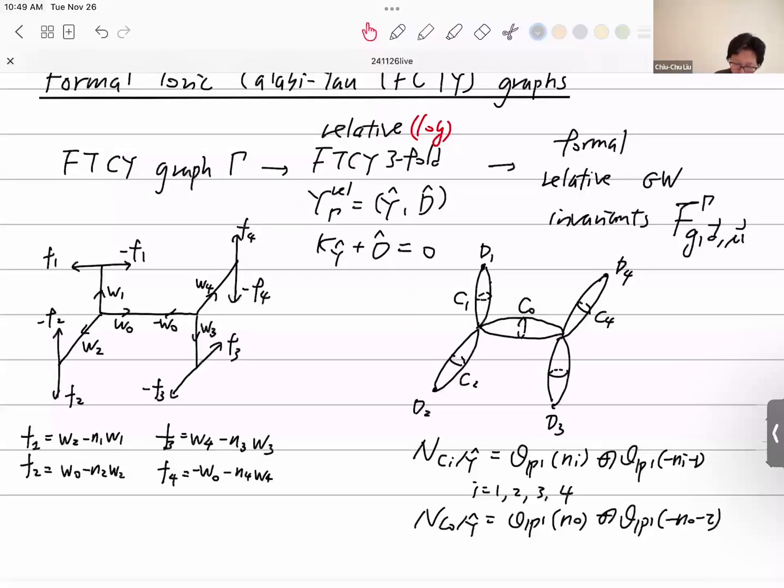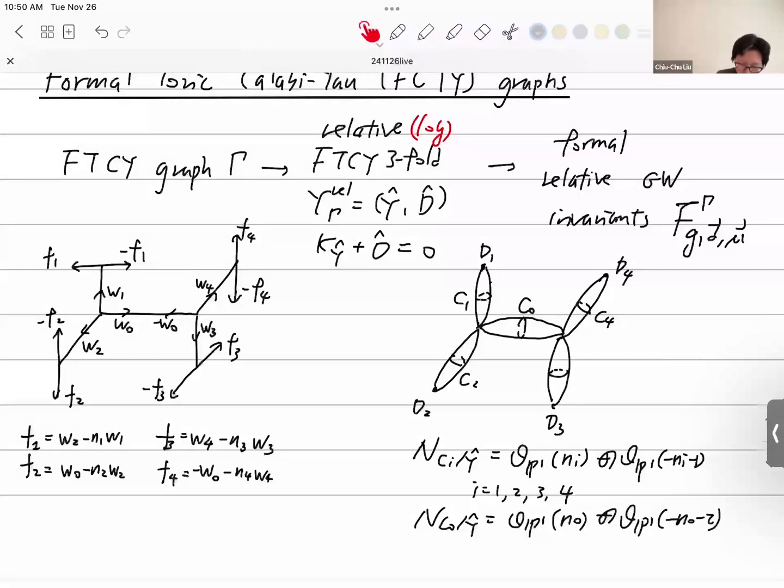To specify these degrees together with the Calabi-Yau torus action, we put the framing vectors F1 and minus F1. From this part we can read off the normal bundle of C1 in the whole thing, together with the torus action.